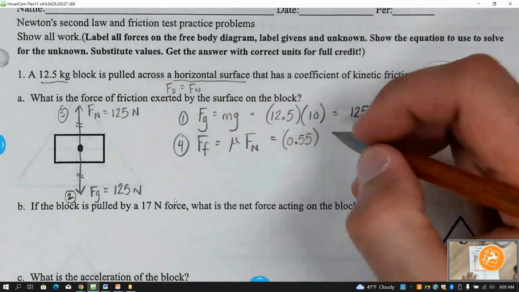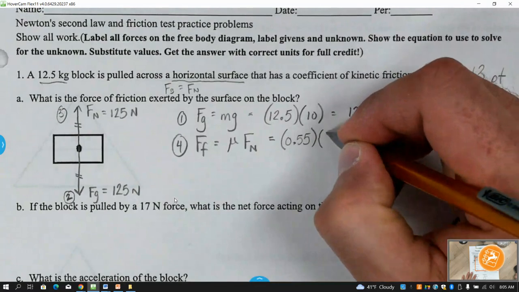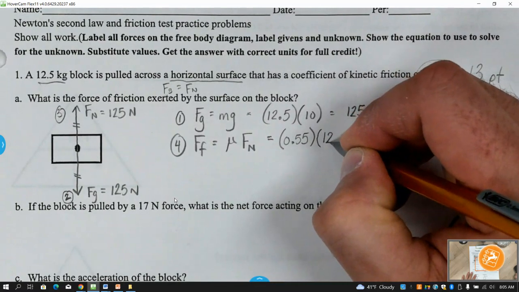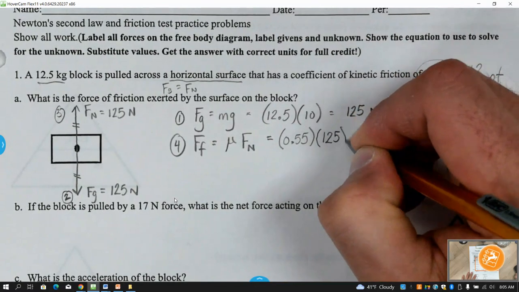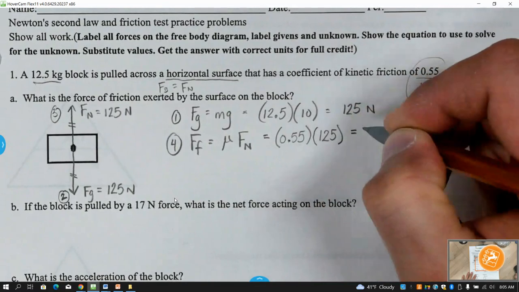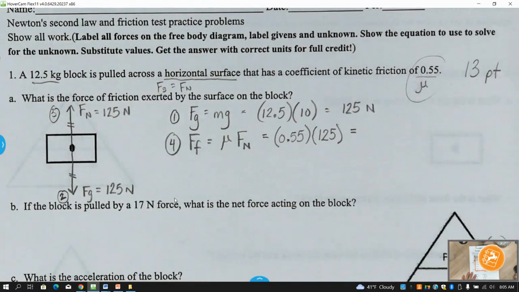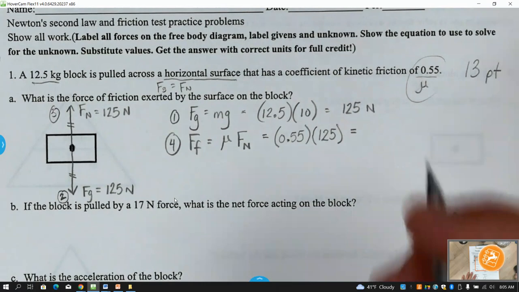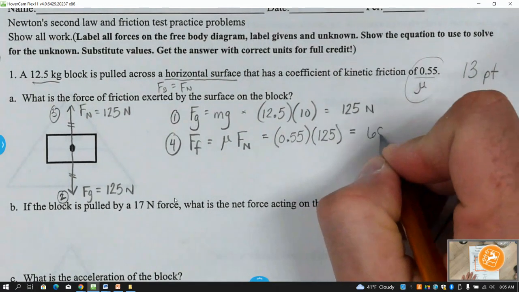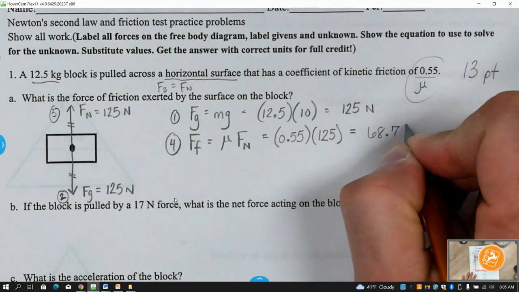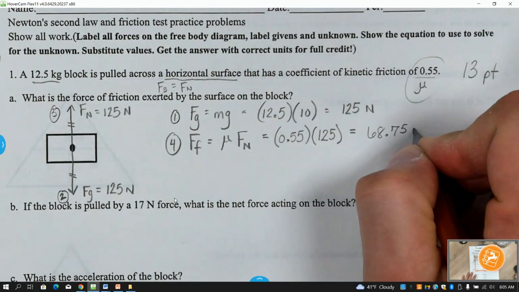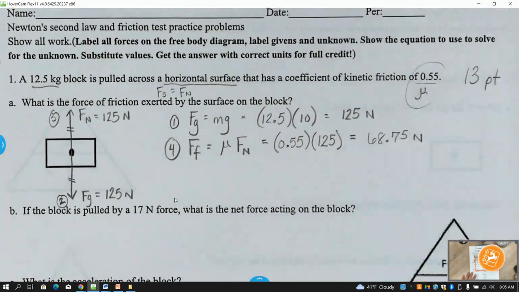Yep, it's going to be the same as your F sub g. Okay, this comes out to be 68.75 newtons.